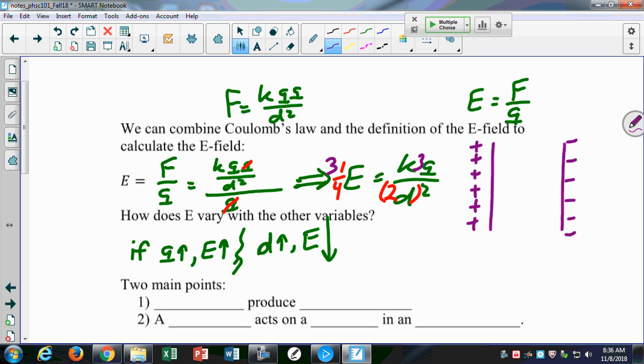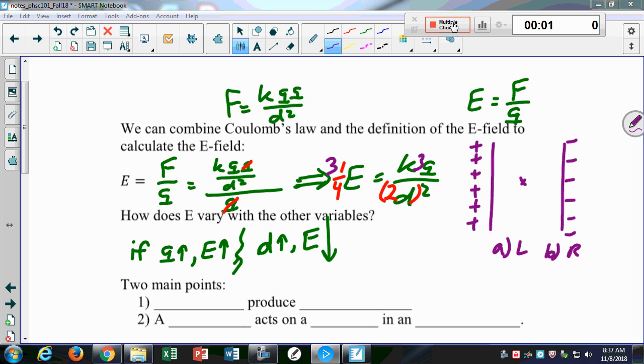What is the direction of the electric field? Is it left, right, up, or down? Let's try it as a quicker question. What is the direction of the electric field at some point in between those two plates? A, left, B, right. It's either left or right. You know it's not up or down. And remember, that's going to be the same direction that a positive particle will feel a force.